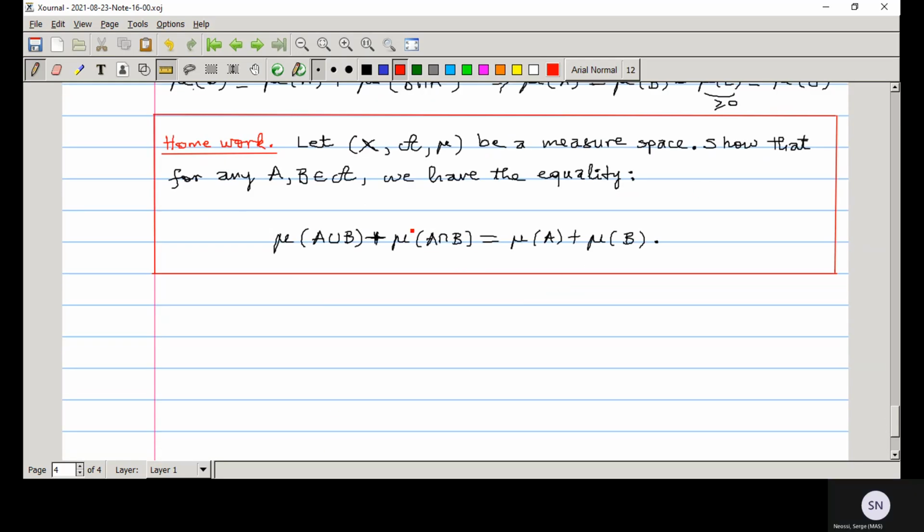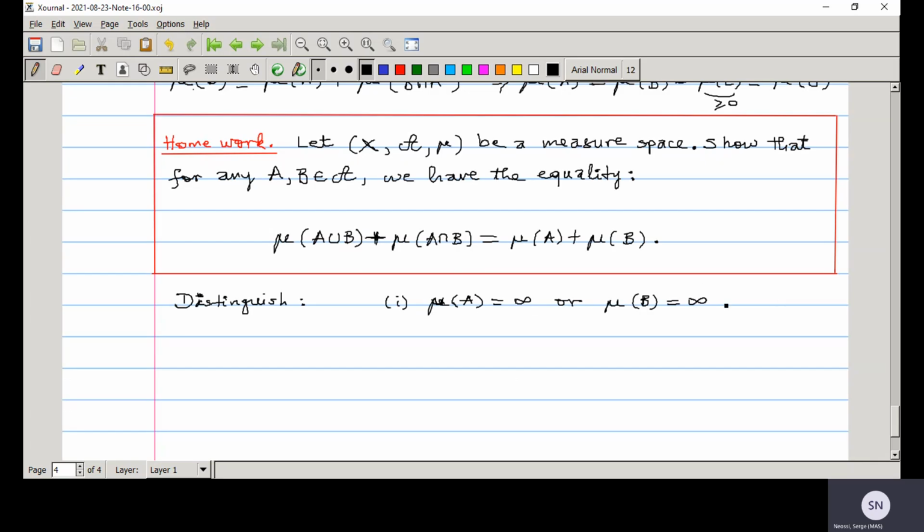Okay, let me quickly say it here. This is a hint: distinguish between the first case, where mu A is infinity or mu B is infinity, because this or can be exclusive or inclusive, it doesn't matter, both can be.